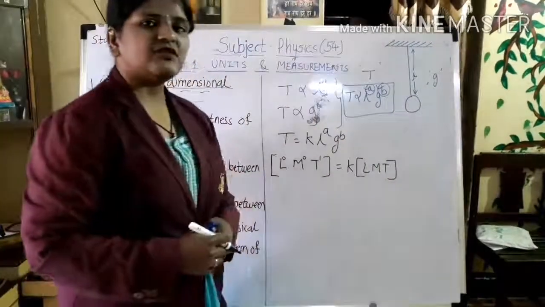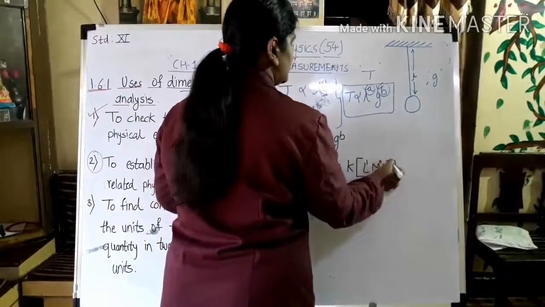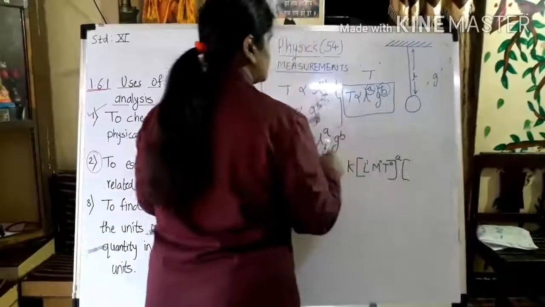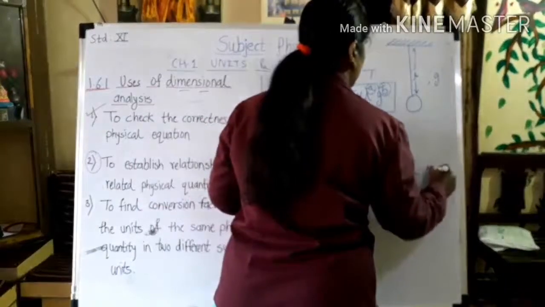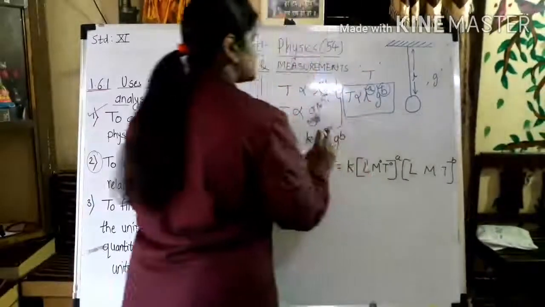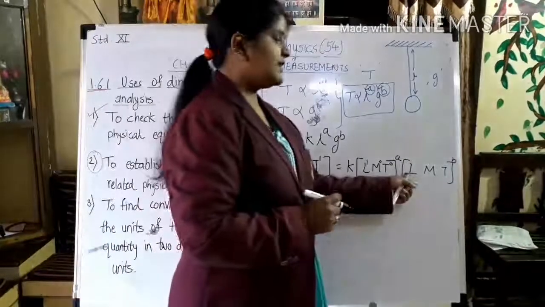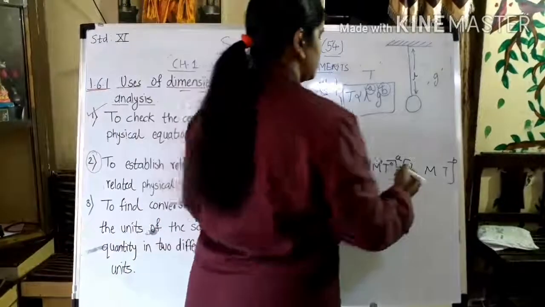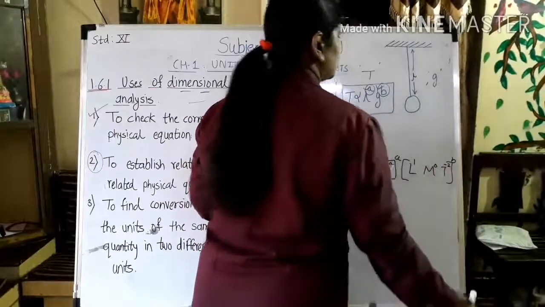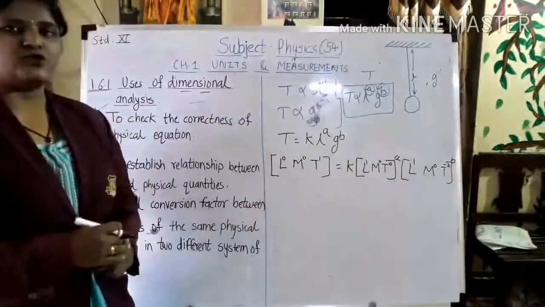L is length, so I write L1 M0 T0 raised to a. Again for g it will be L, M and T raised to b. As g is acceleration, we put the dimensions of acceleration, which is L1 M0 T raised to -2.